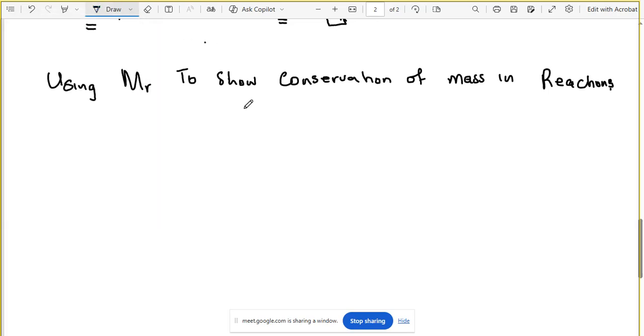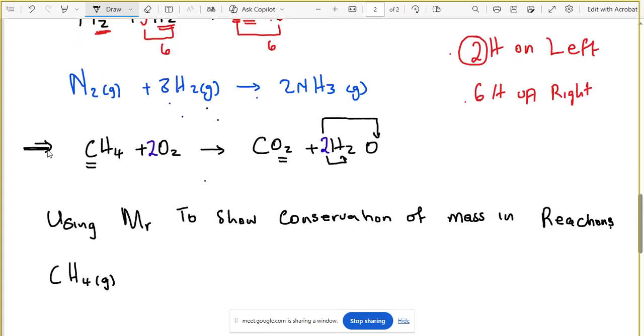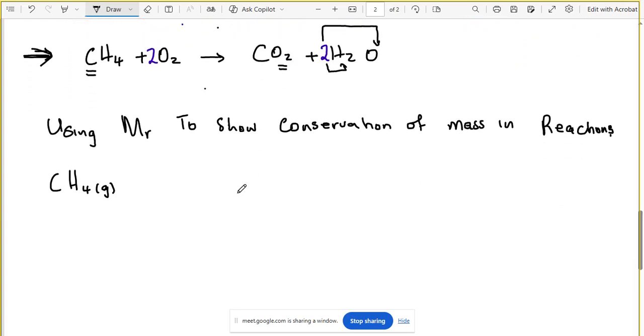Okay, let me do this now. You will be given an equation. Make sure that it is balanced. Let's go back to the equation that we balanced, which was CH4, in gas state. Please make sure that you rewrite this equation and indicate the state symbols. So CH4 gas is reacted with 2 O2, also a gas.